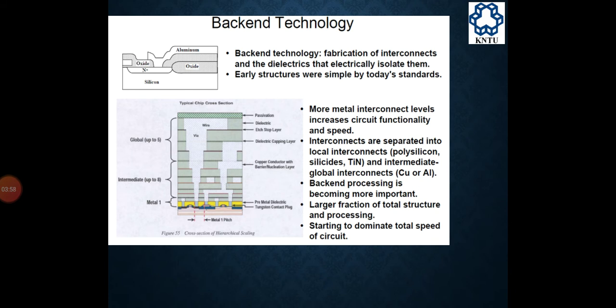Interconnects are separated into local interconnects, like polysilicon, silicides, and TiN, like titanium, and intermediate global interconnects, like copper or aluminum. These both are conductors used for intermediate global interconnection. And the back-end process is becoming more important. Larger fabrication of the total structure and processing started to demand total speed of the circuit.